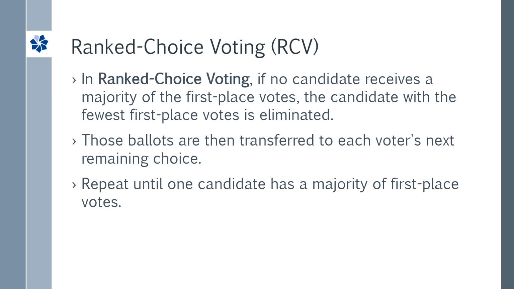But when you rank the candidates in your initial vote, you're saying that if my first place person gets eliminated, then transfer my vote automatically to the one that I'm voting second. It prevents the voters from having to come in again in a runoff election.